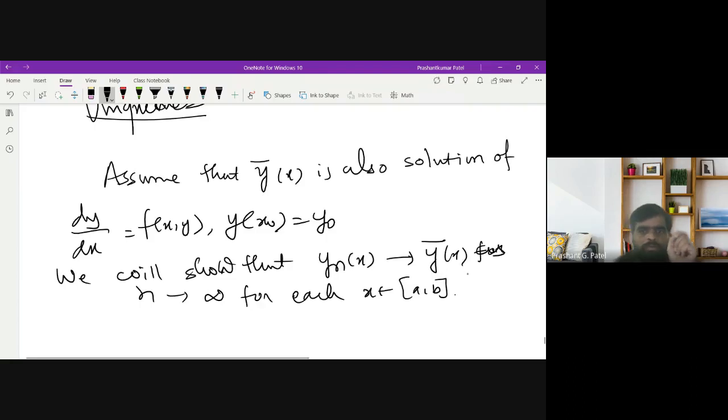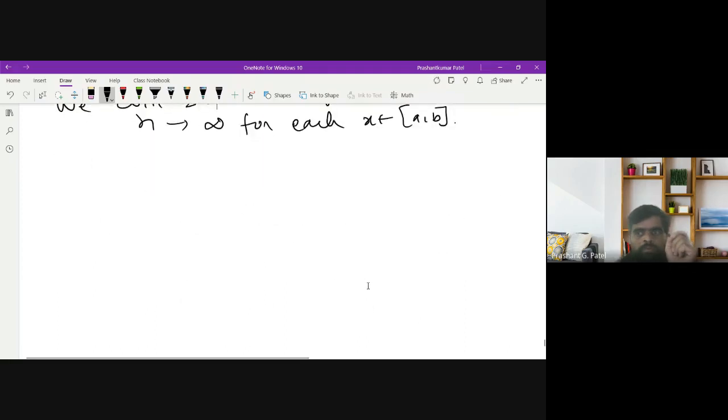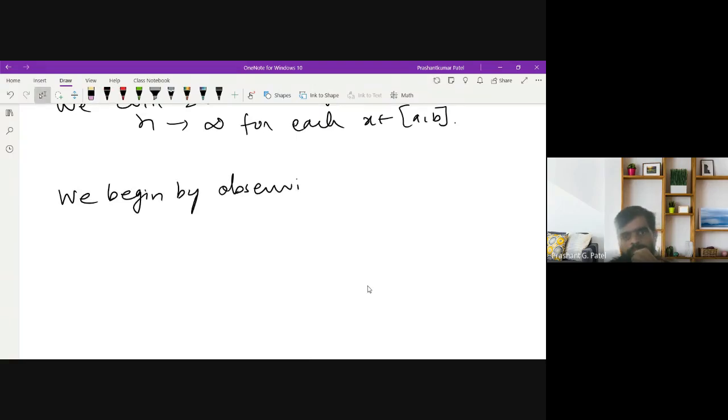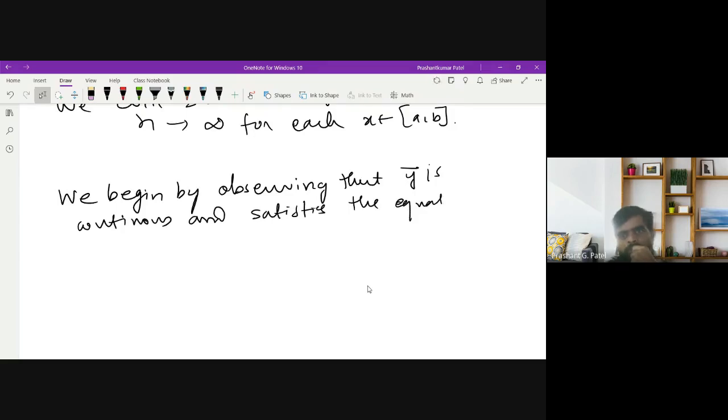So now we begin by observing that y bar of x is continuous and satisfies the equation, that is, y bar of x is equal to y0 plus the integral from x0 to x of f of t comma y bar of t dt.